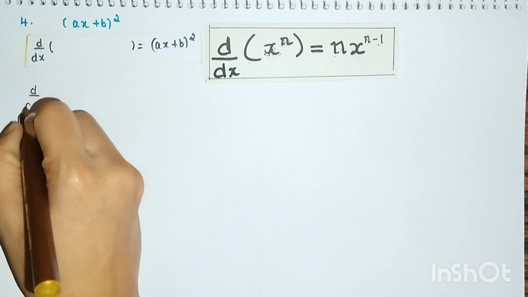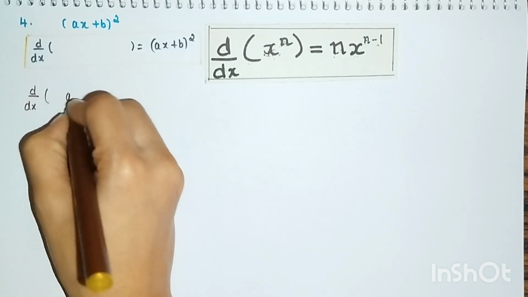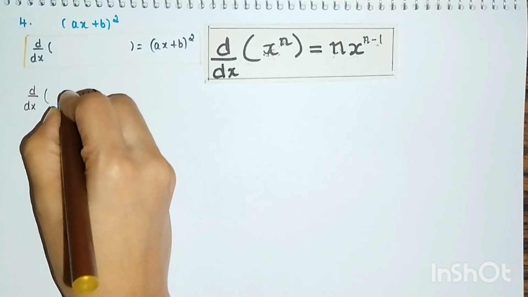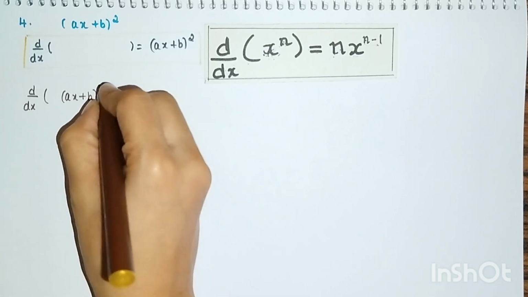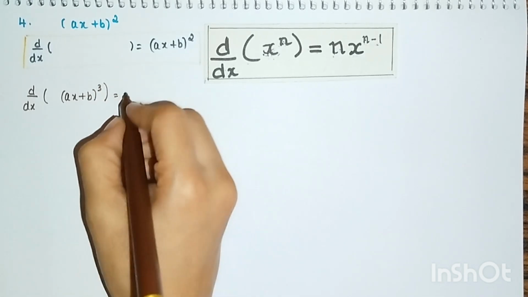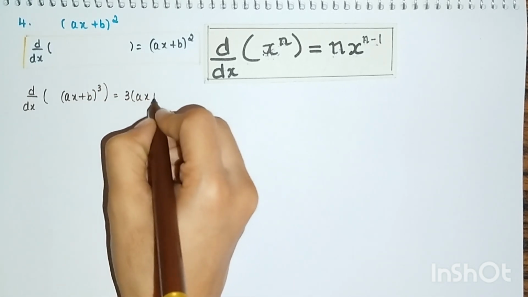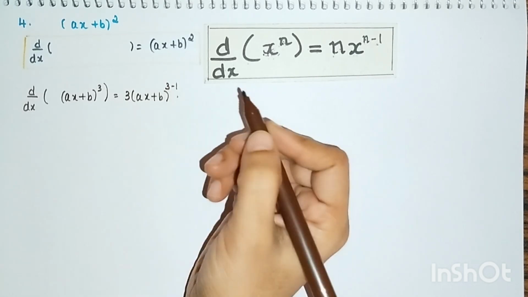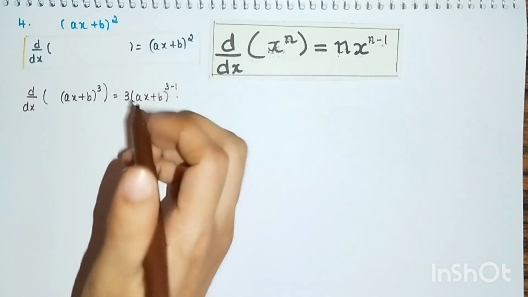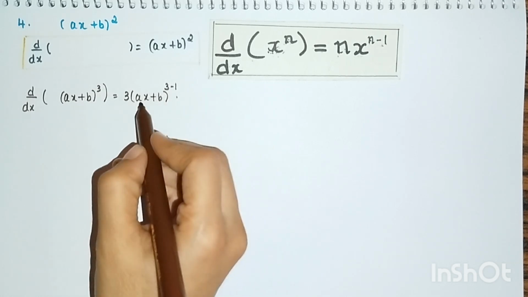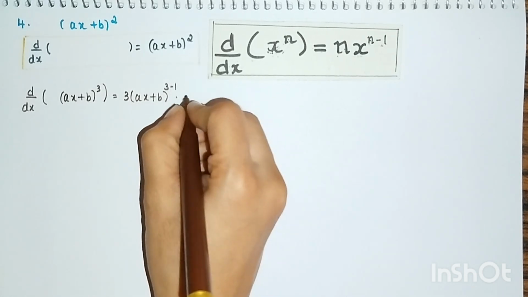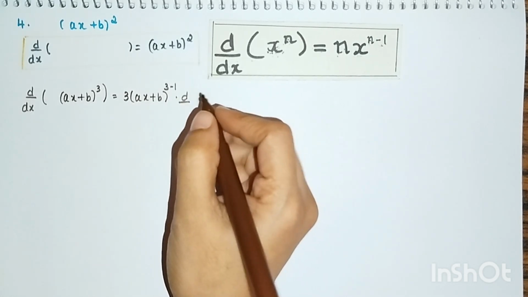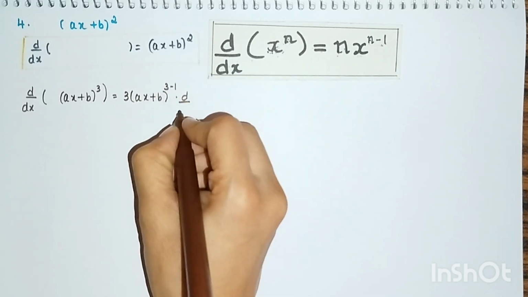So d by dx of the base ax plus b and the exponent is 3. If you differentiate this, what will you get? 3 into ax plus b to the power 3 minus 1, into, but the thing doesn't end here. We should also differentiate this, right? Because this is a composition of functions. We have to differentiate the inside function.